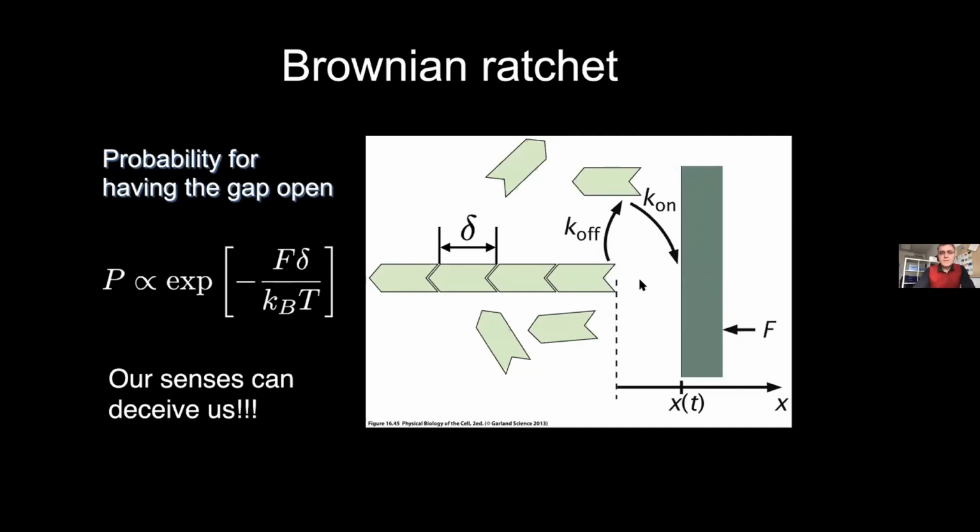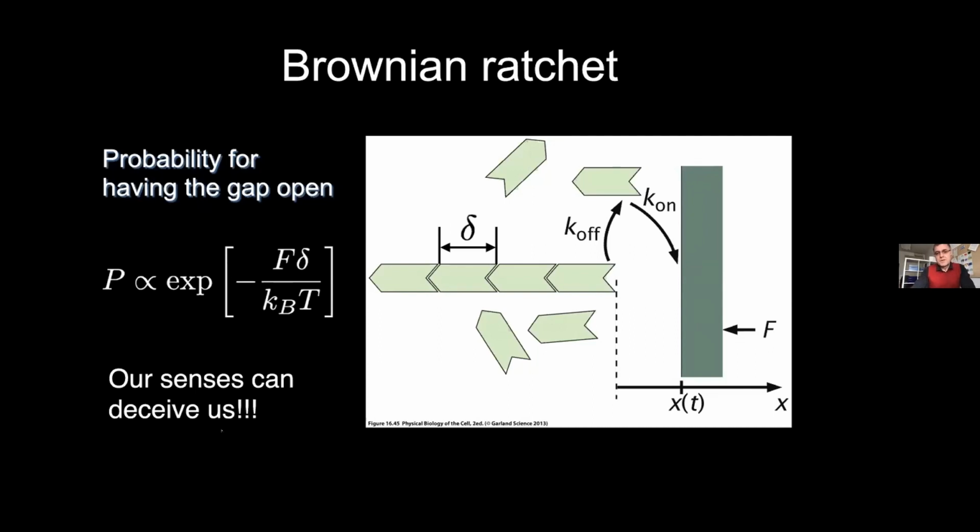Of course, this is something very non-intuitive because we don't see this on a macroscopic level, but as I mentioned at the beginning of my talk, our senses can deceive us, and that's why I'm pointing this out once again.